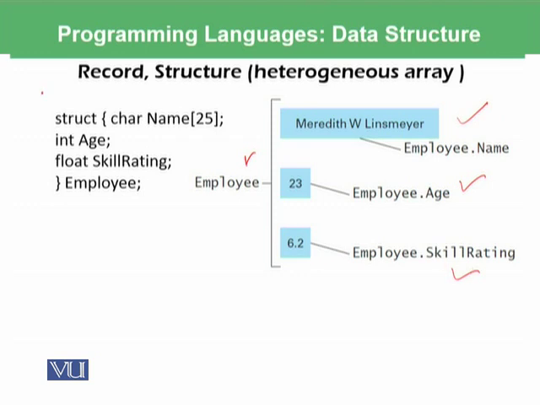We will define it like this in a programming language. We will say struct, we need a character whose name would be name. The 25 consecutive memory locations of type character will be called name, then its age in integer, its skill rating in float, and the overall name of this structure will be called employee.